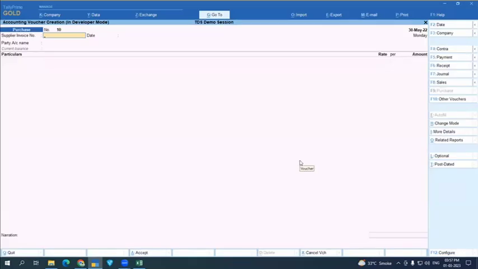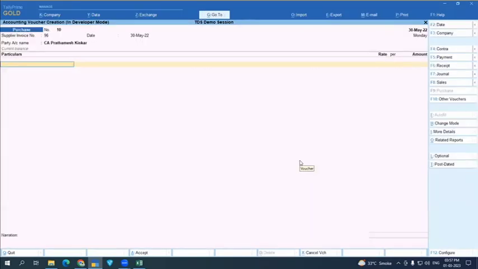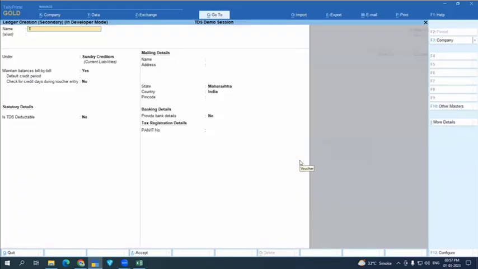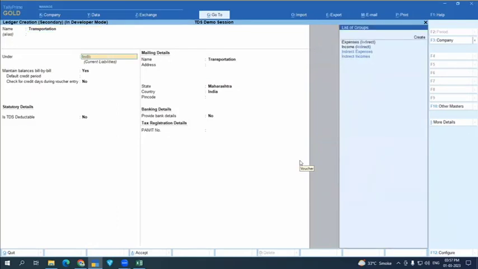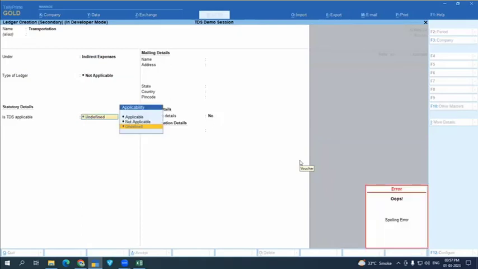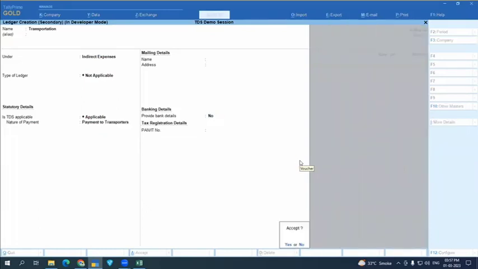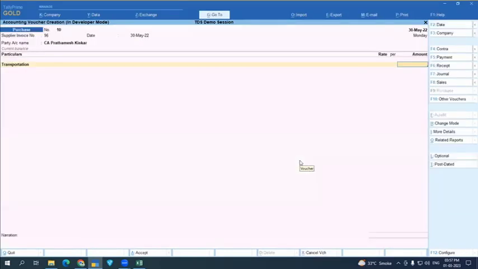So let's say I'm taking here one invoice. And I have to select here one ledger, transport, indirect expenditure. Actually, this I have to give as a task for all. There should be some task also.